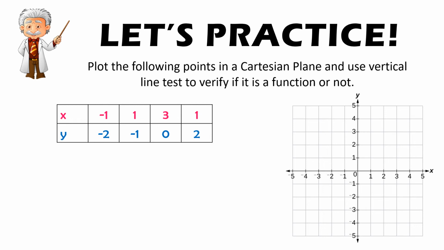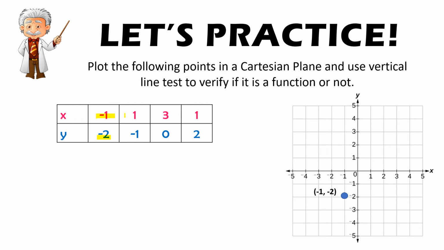So, ito munang dalawa. Si -1 and -2. Okay? So, -1 in the x value. And then, i-move natin siya pababa kasi negative si y. So, yan ang point ni -1, -2.